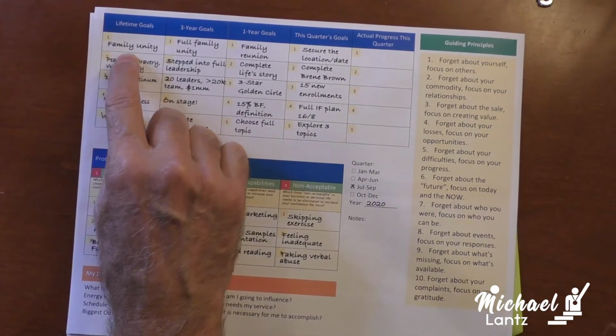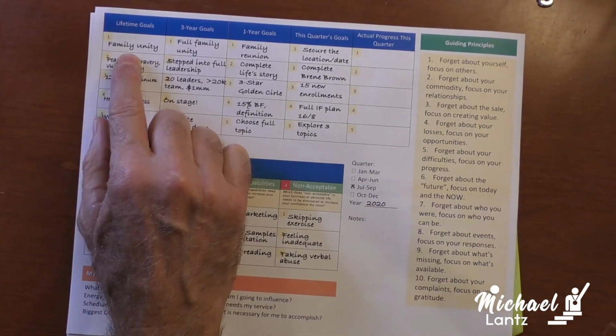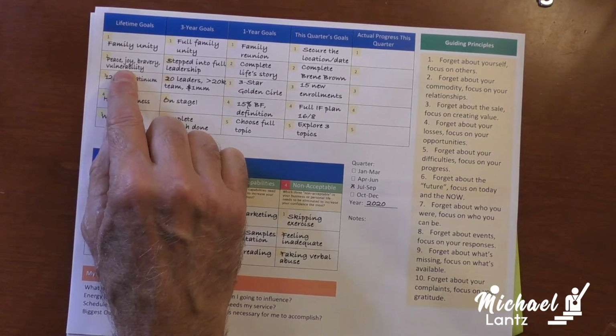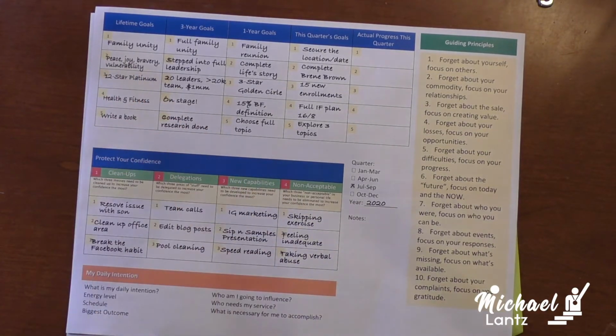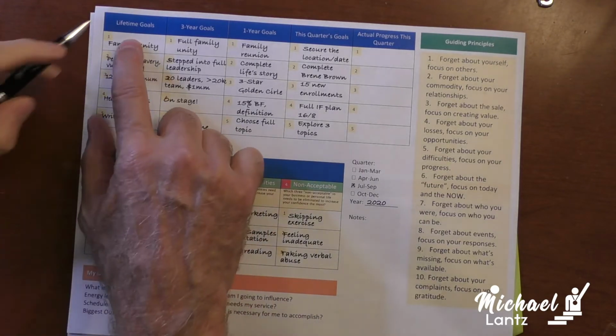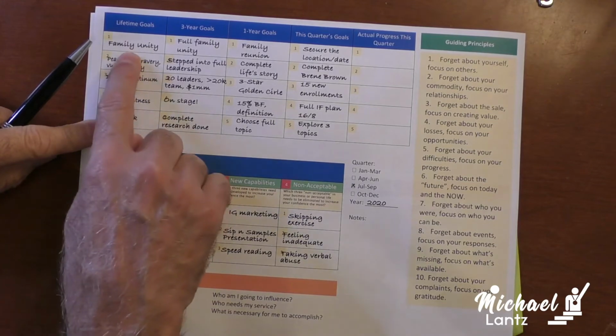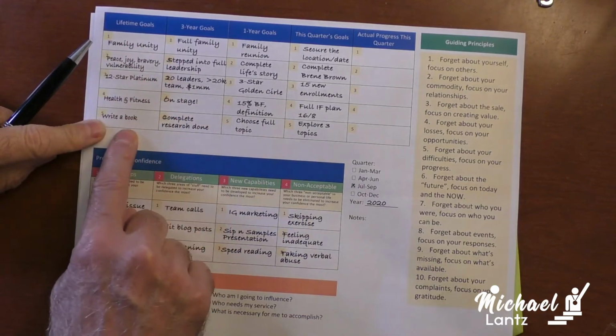So here it's a declaration. In my particular case, I have several declarations. One of them is to be the best professional network marketing pro in the world. That could be something that you put here. That's what I have in my area, is my declarations.